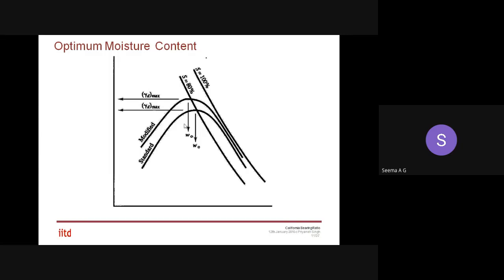After conducting the test, you can compact the specimen either at OMC and gamma D, or slightly less, either 90% or 95% of the OMC and gamma D values. The quantity of water is taken according to the optimum moisture content, and the soil sample is compacted at maximum dry density.